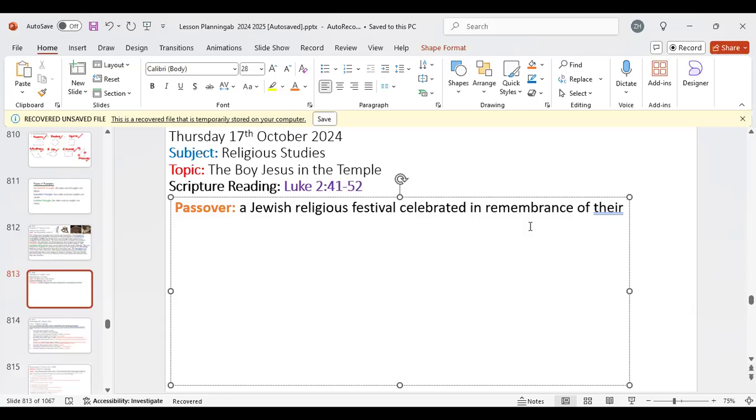So it was a festival to commemorate, or to remember, their deliverance from slavery. All right. And then caravan. What does caravan mean?